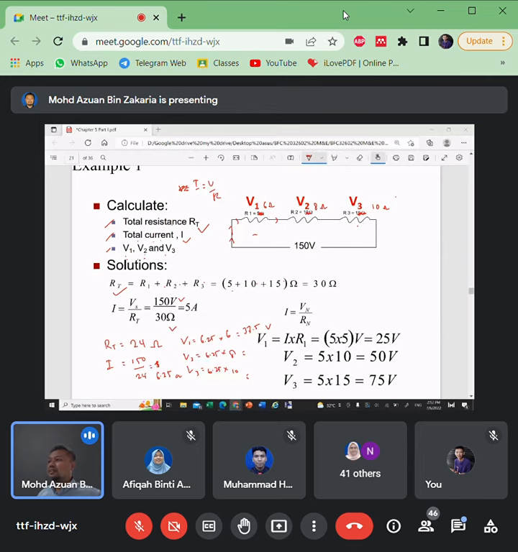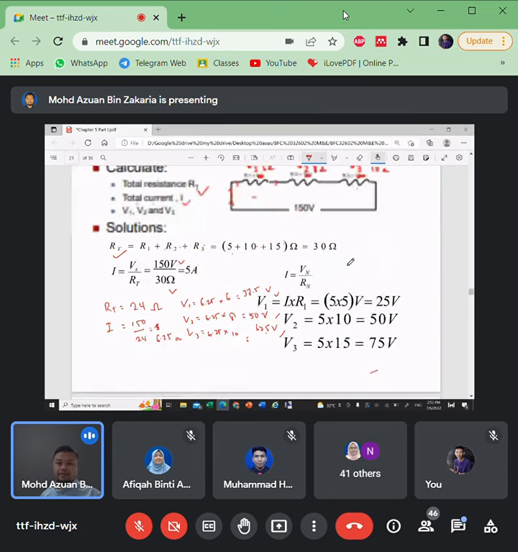Oh sorry, 37.5 and then 50 volt, lastly 62.5 volt. Okay, so hopefully this is correct. So this is very simple, basics, but you need to understand. All right, good. Make sure you remember this.